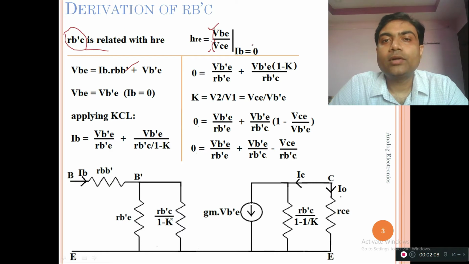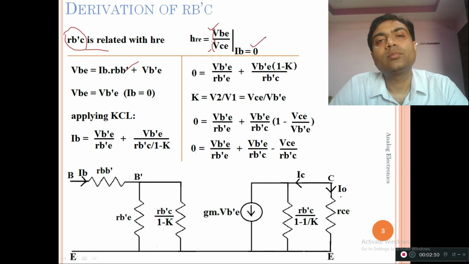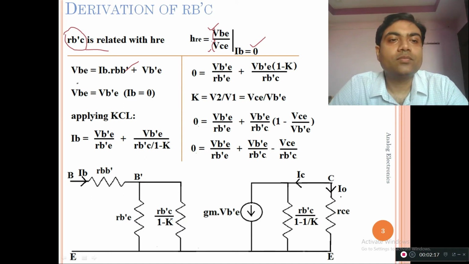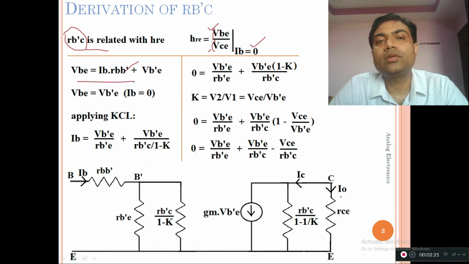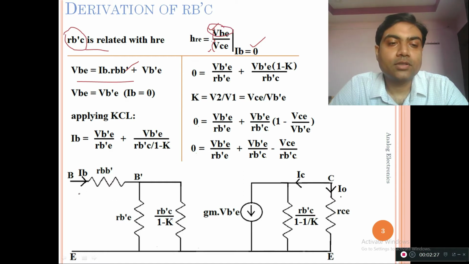I do not have to tell you that you have to ignore the input current IB if you want to calculate hre. We have done it many times earlier. We start with the value of VBE because hre contains this term VBE.